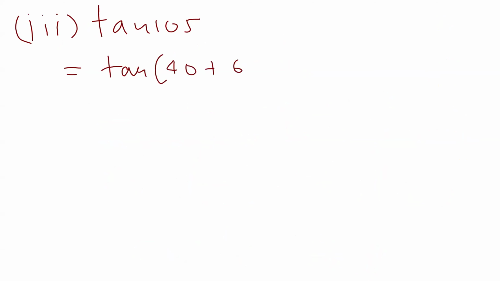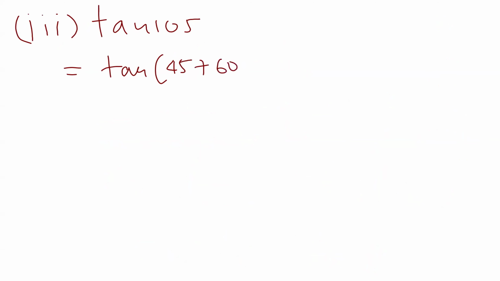They are asking you the value of tan 105. Tan 105 is equal to tan of 45 plus 60. They are asking you to find tan 105 from 45 and 60.